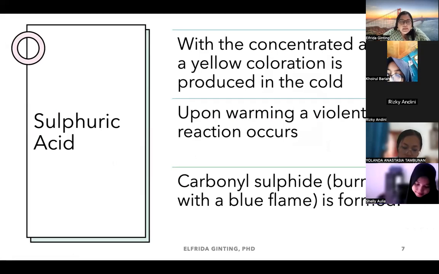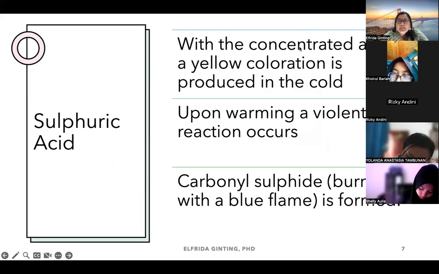So basically, to test thiocyanate, we will be using sulfuric acid. The first reagent that we will use to test thiocyanate is sulfuric acid. Now, if we mix concentrated acid with thiocyanate, then there will be a yellow color produced. And this is performed at low temperature, cold.